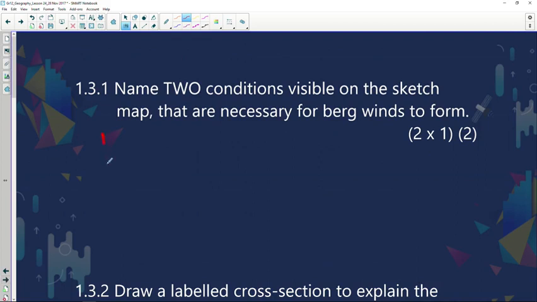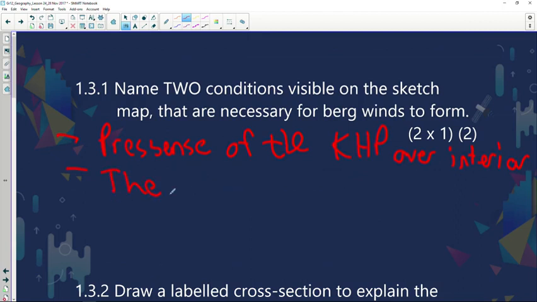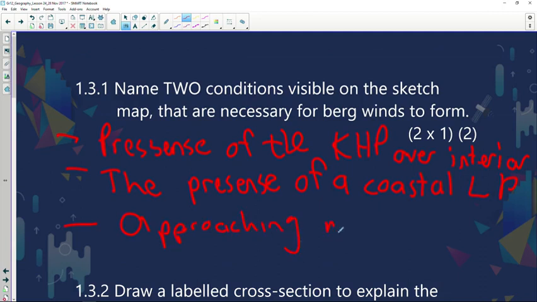Now the first one, presence of the Kalahari high pressure over interior, and the presence of a coastal low pressure, and approaching mid-latitude cyclone.